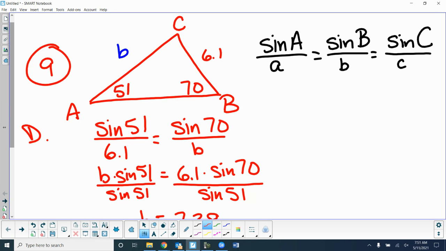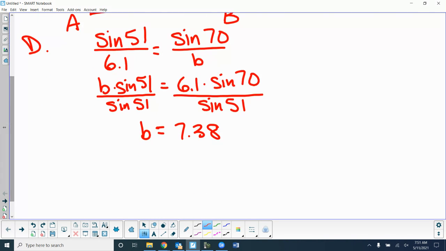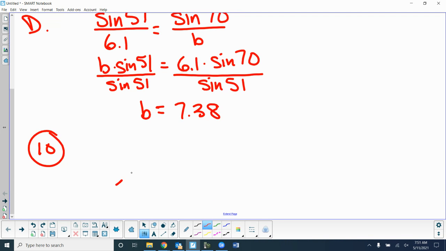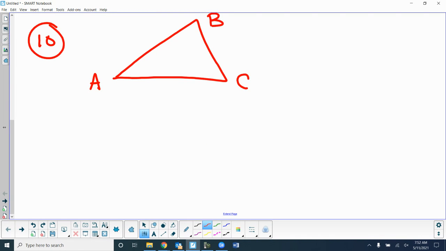Okay. Number 10 is another use the law of sines problem. So, again, your triangle doesn't really matter. C is 125. I should make it look like it should, but it doesn't really matter.